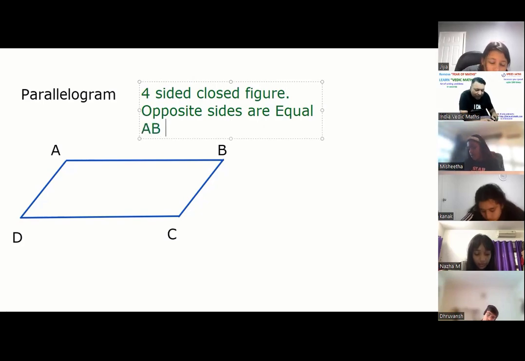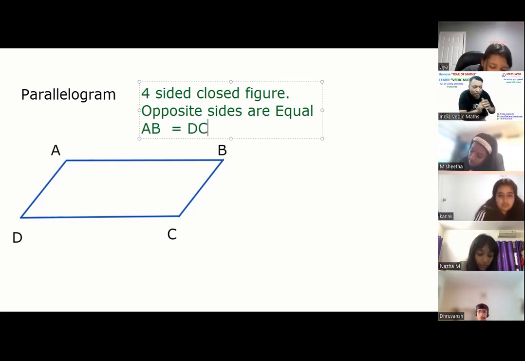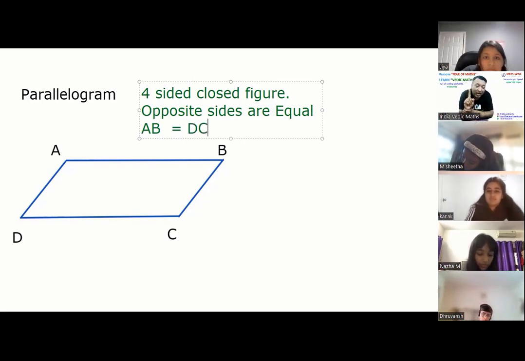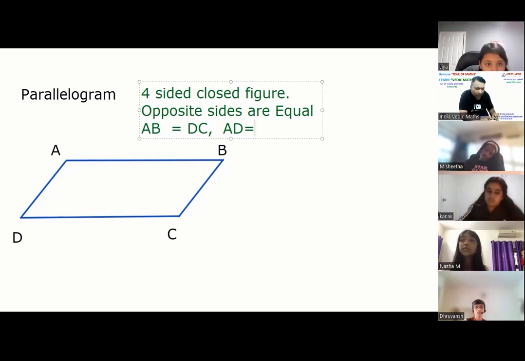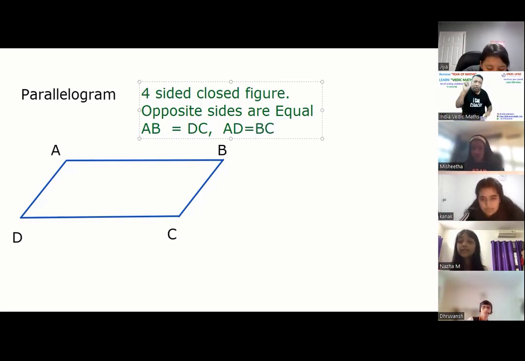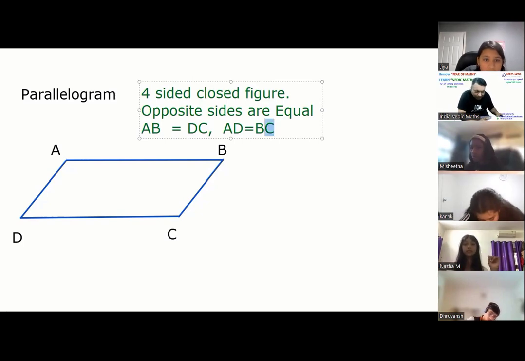If AB is one side, which is opposite side of AB, Kanak? DC. So AB and DC have to be equal. You cannot say any side, it has to be opposite sides. And if AD is one side, Naja, what is the opposite side of AD? BC. Got it, guys? Opposite sides are equal.